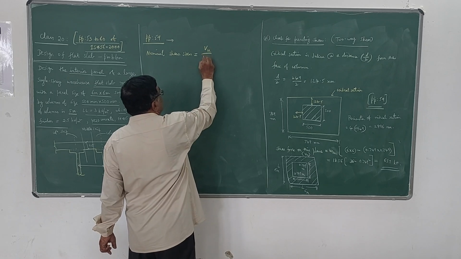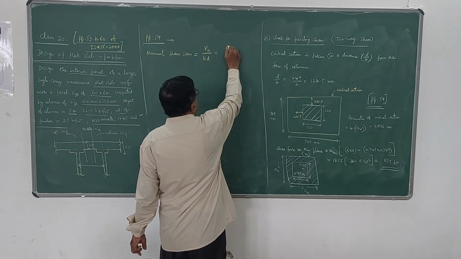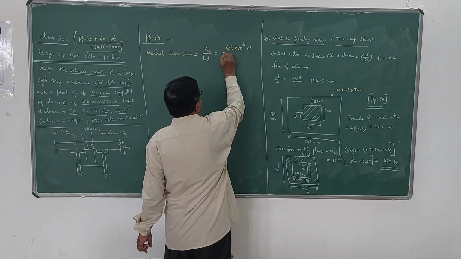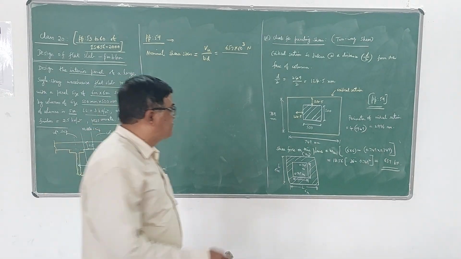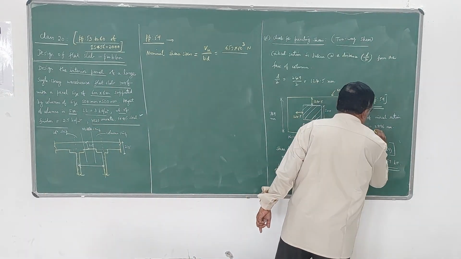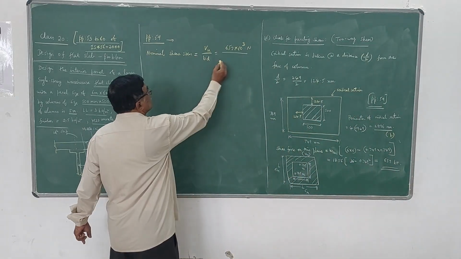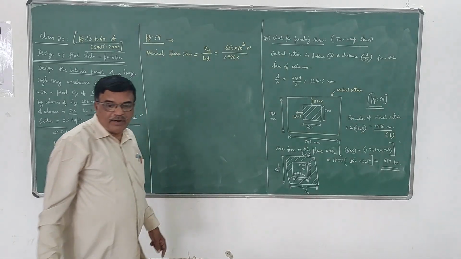VU by BD. So V here is 657 into 10 power 3, because I have to take it in newtons, divided by B, which is the perimeter. Please note that this value is B, 2996, into effective depth.